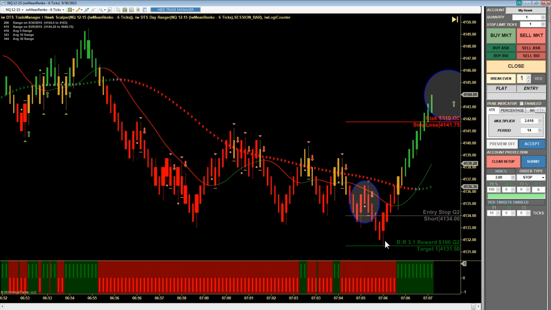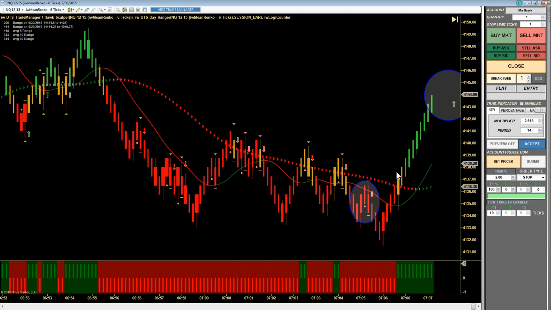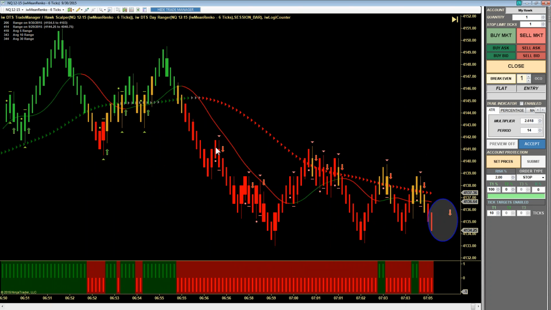Oh, it did too. So we would have hit our break-even trigger. Look at that. Kissed our high probability profit target and then reversed. You'll see this so often, not that it kisses the high probability target and reverses, but how effective the high probability targets are.